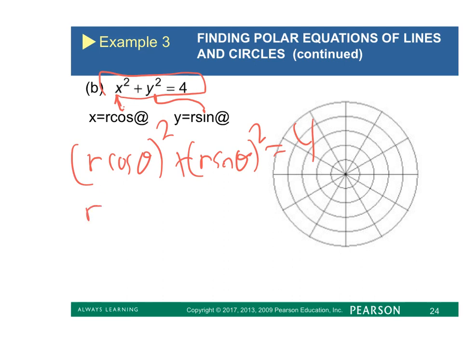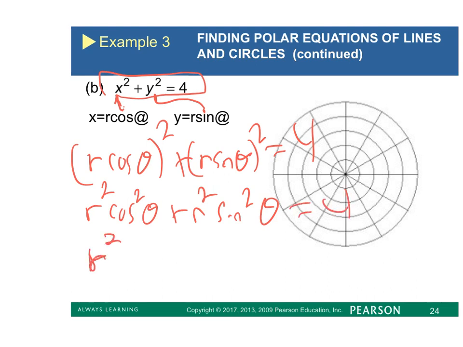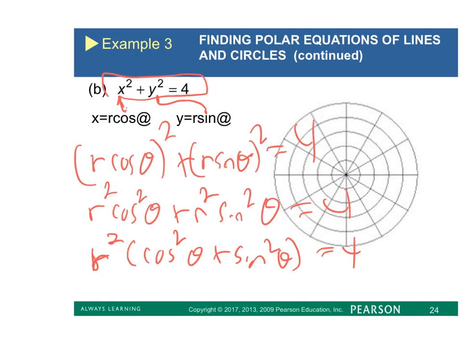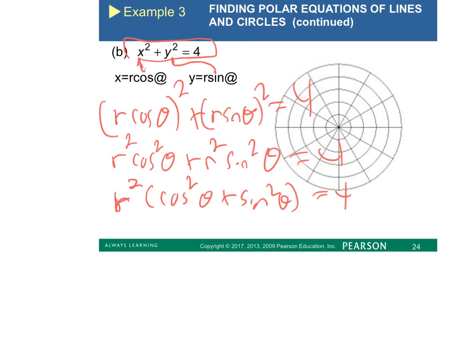Square it. r squared cosine squared theta plus r squared sine squared theta equals 4. Factor out the r squared, leaving cosine squared theta plus sine squared theta still is 4. And I know this identity, don't you?